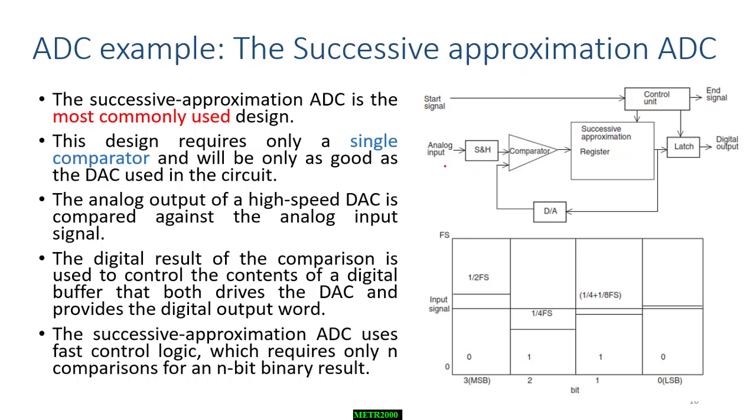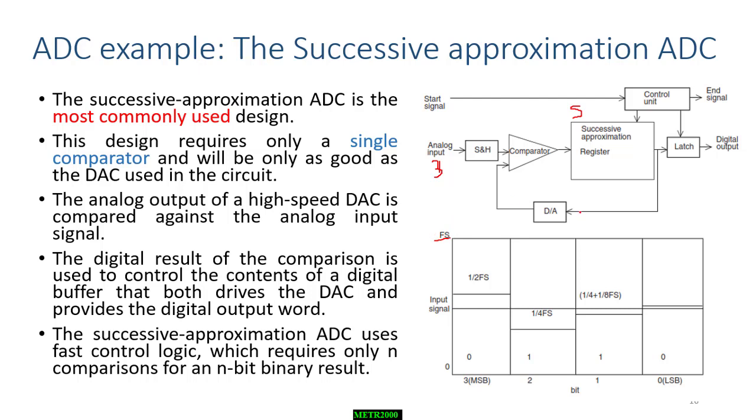So first of all, I will put my analog input through this value over here. Let's say my analog input is 3 volts. Here is the start signal, I start my values, and the successive approximator will have a V reference. Let's say my V reference is 5 volts, which is this value over here.